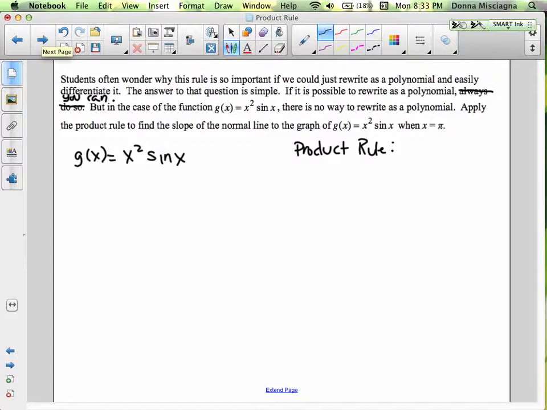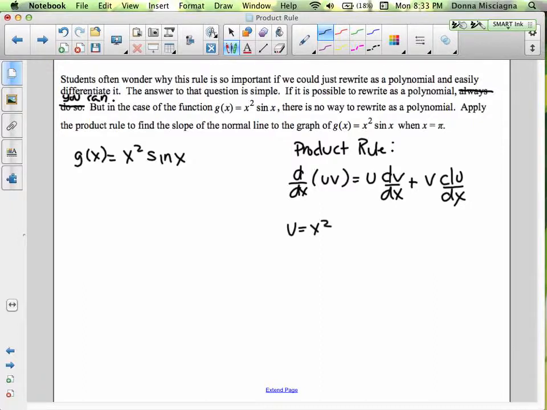All right, so product rule, if we're taking the derivative of a product, it's the first times the derivative of the second plus the second times the derivative of the first, right? So u is x squared and v is sine x.